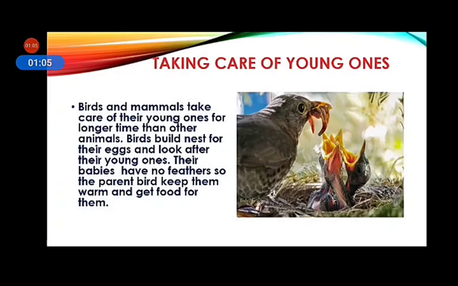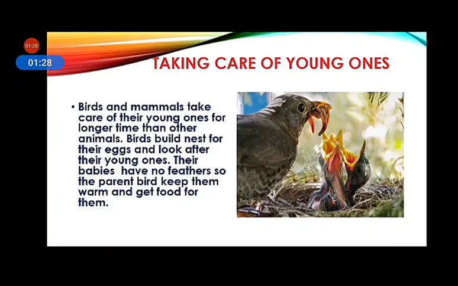Now this is the final topic of this chapter, taking care of young ones. Birds and mammals take care of their young ones for longer time than any other animals. Birds build nests for their eggs and look after their young ones.